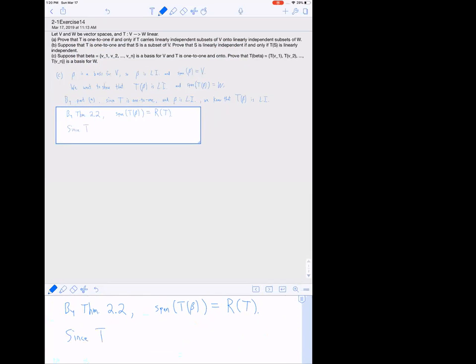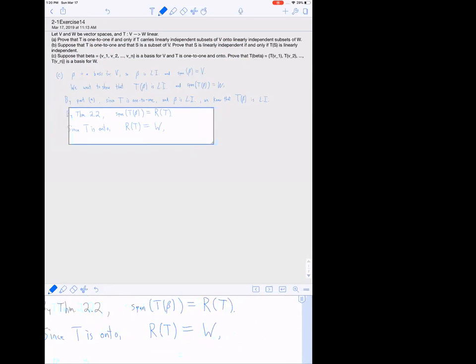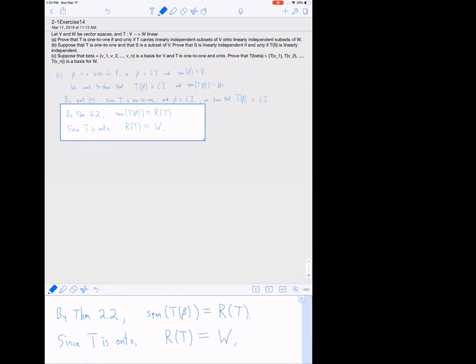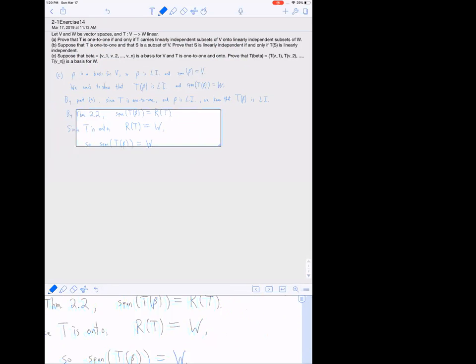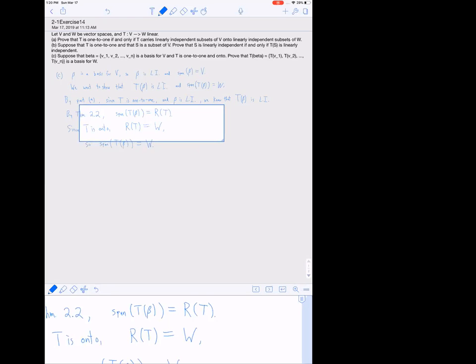Since T is onto, what this means is that the range of T is equal to the entire codomain W. So with these two lines together, the span of T of beta is equal to all of W, since the range of T is W.